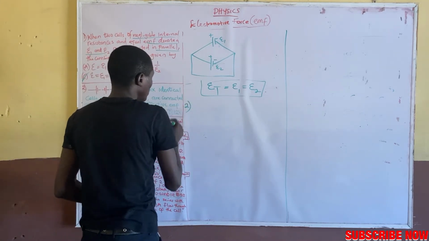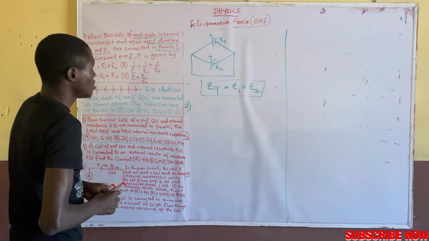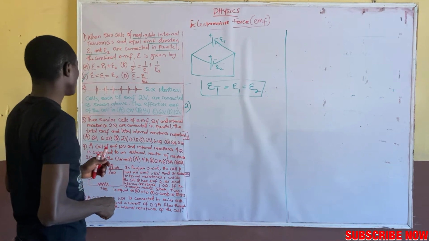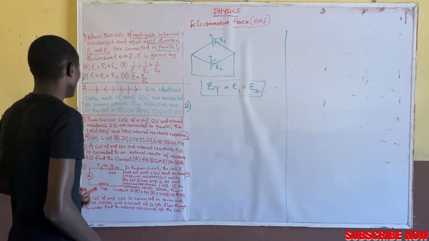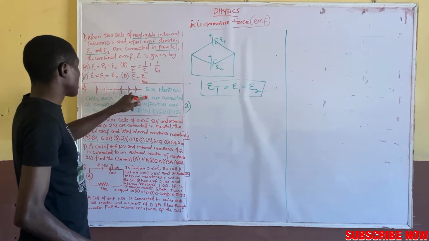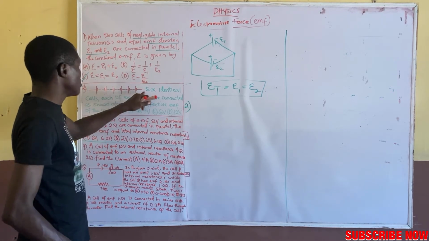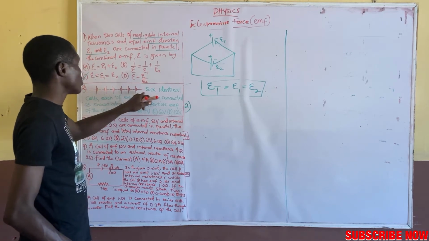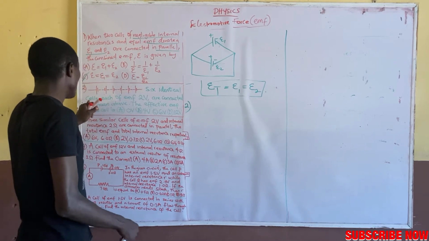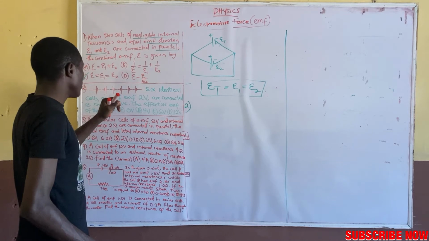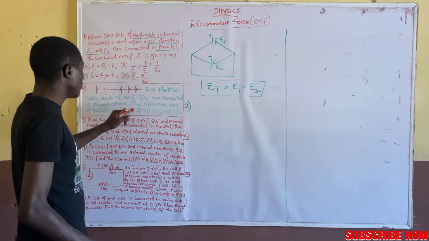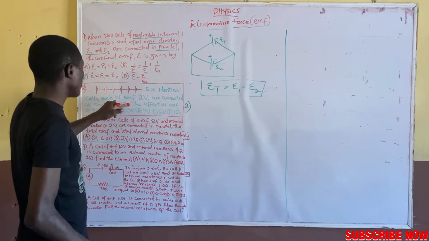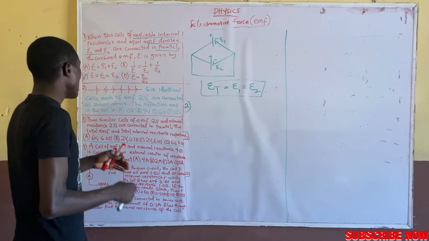So let's go to question number 2. That one is a straightforward question, so I don't need to waste much of my time on it. Given this diagram of the arrangement of cells: 6 identical cells, each of EMF 2 volts, are connected as shown above.